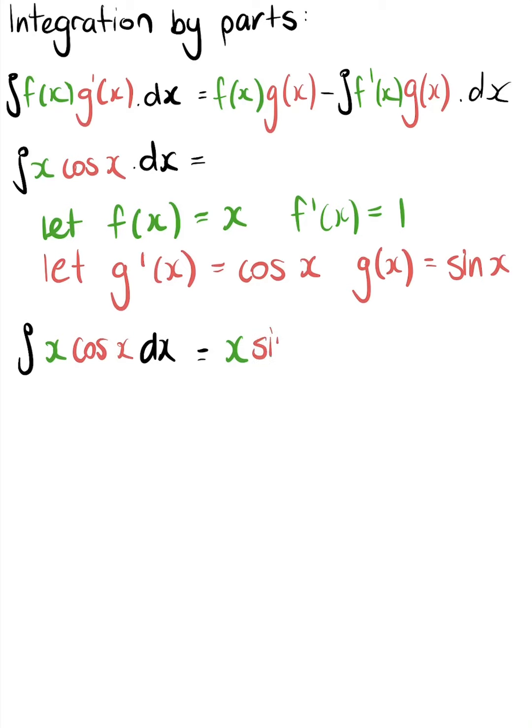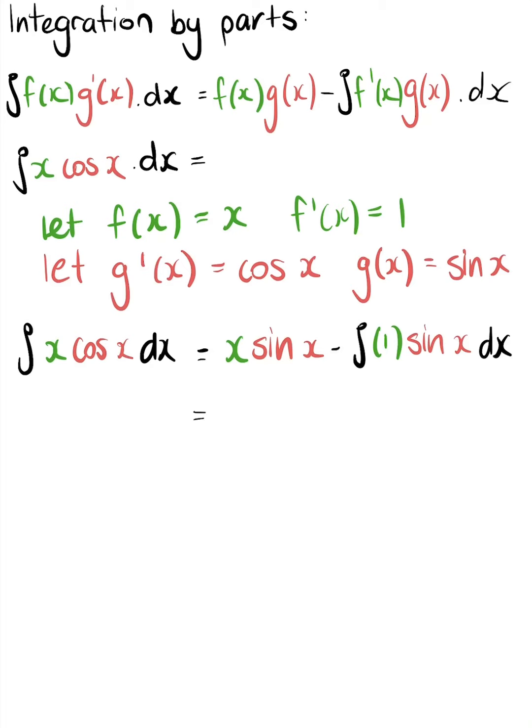So this is simply going to be sine of x, because that's what we worked out before, minus the integral of the derivative of f of x. So in this case, we know that one to simply be 1. And we multiply this by g of x, which again we know to be sine of x. And this integral is going to be in respect to x, because that's the variable we're using.